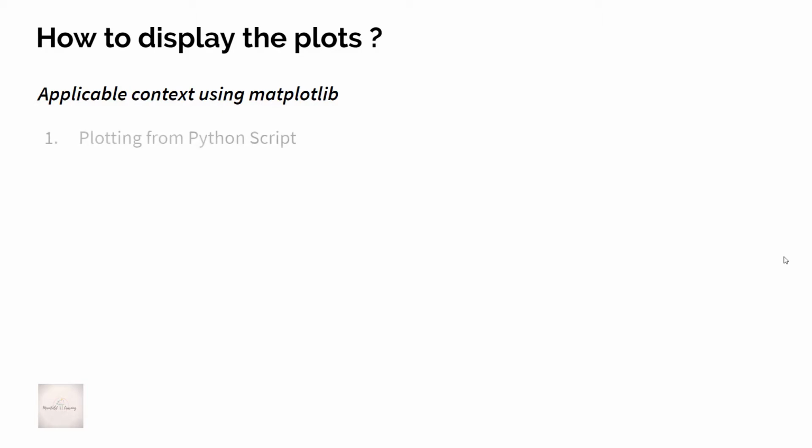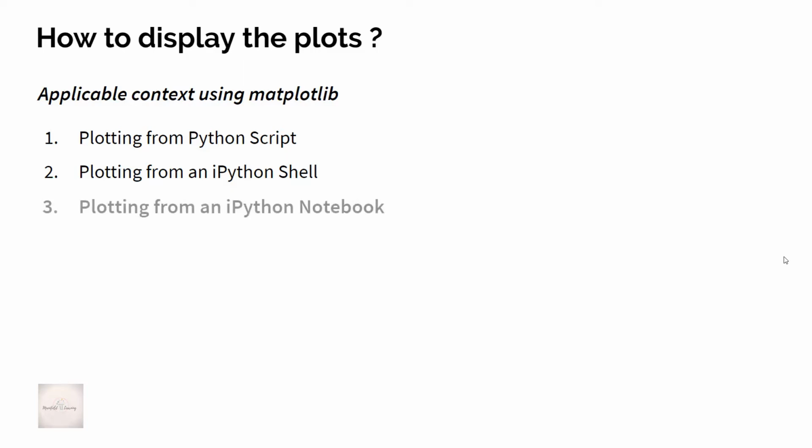First is plotting from a script, second is plotting from an IPython shell, and third is plotting from an IPython notebook. Since we are using Jupyter Notebook, which is a browser-based interactive Python notebook, here we can create two types of plots.